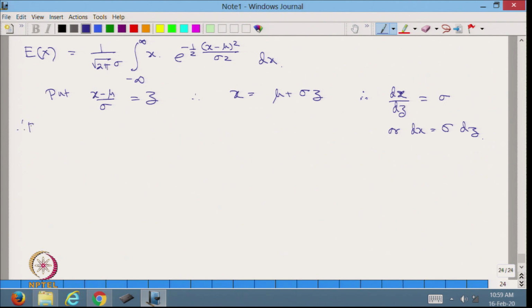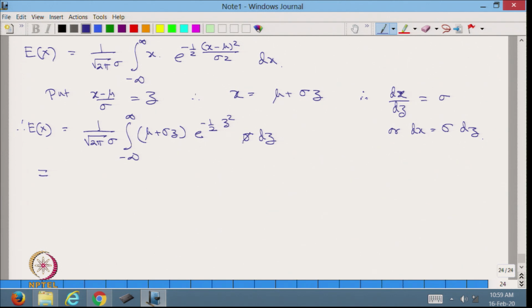Therefore, expectation of x is equal to 1 over root over 2 pi sigma minus infinity to infinity mu plus sigma z e to the power minus half z square sigma dz.